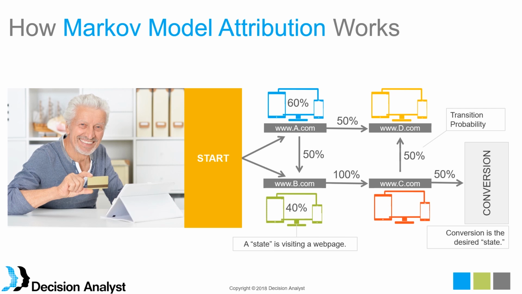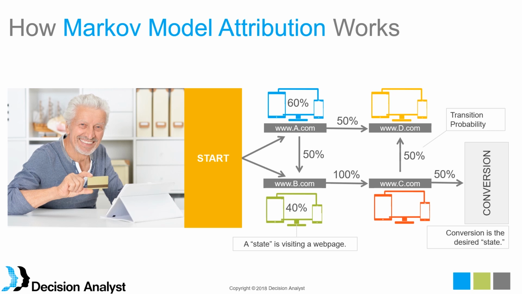Going back to the simplified diagram we presented earlier, the initial state probabilities, 60 and 40%, are part of the Markov model. Then the arrow probabilities, like the 50% on moving from website A to website D, are called transition probabilities.